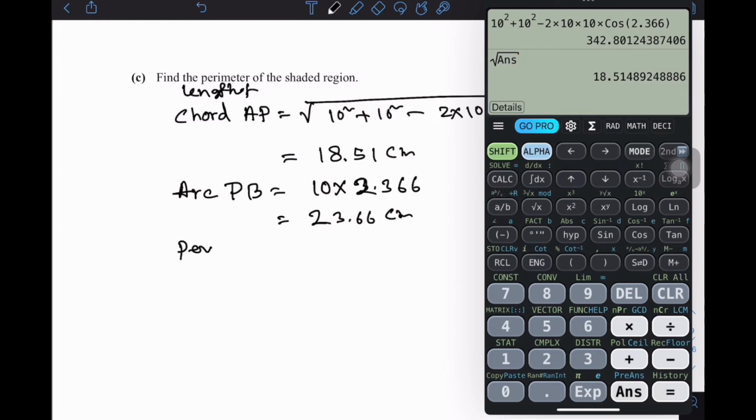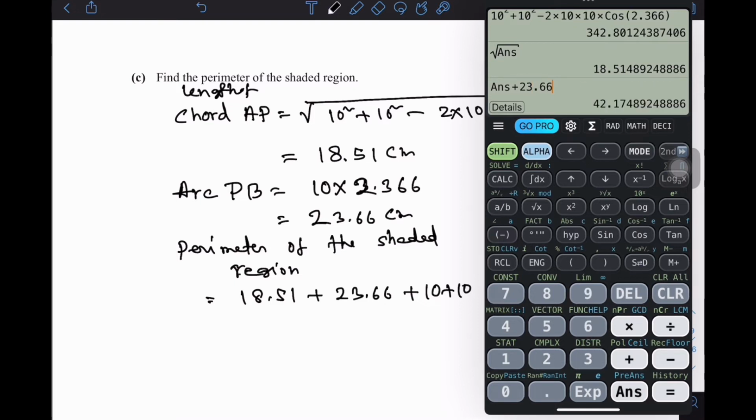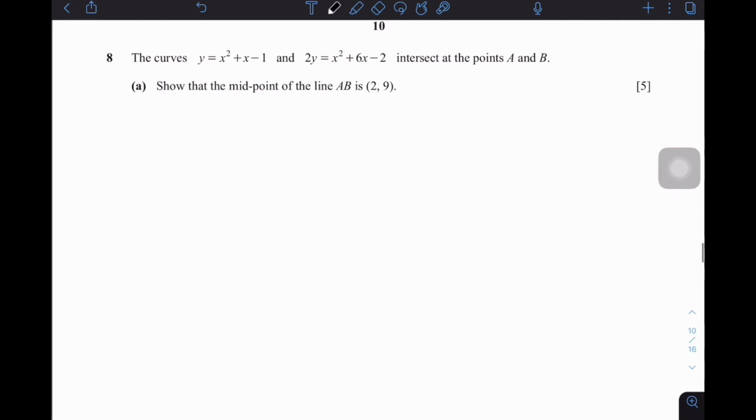So perimeter of the shaded region equals 18.51 plus 23.66 plus 10 plus 10, and if we add all this together, 23.66 plus 20, so it will be 62.3 SF, 62.2 centimeter.